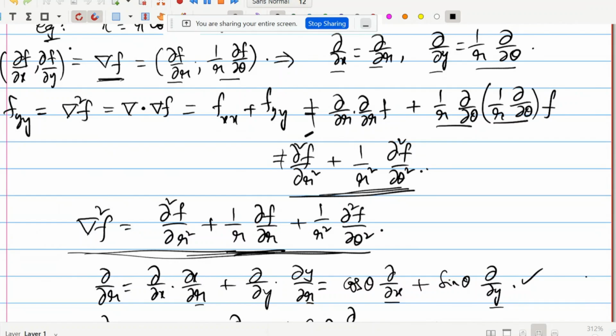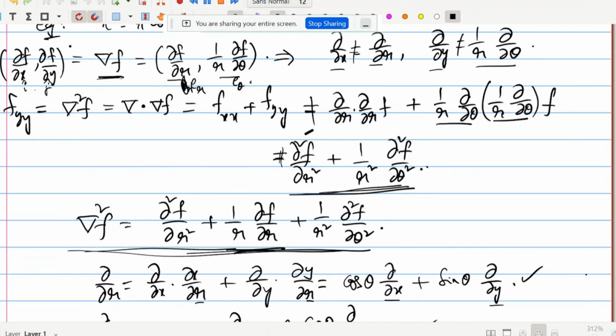Earlier these were the i cap, j cap components. Here you have different components, the e_r and e_θ components. They are different, so that's why you can't equate. That is one reason, and also the dot product, that's why it's missing.